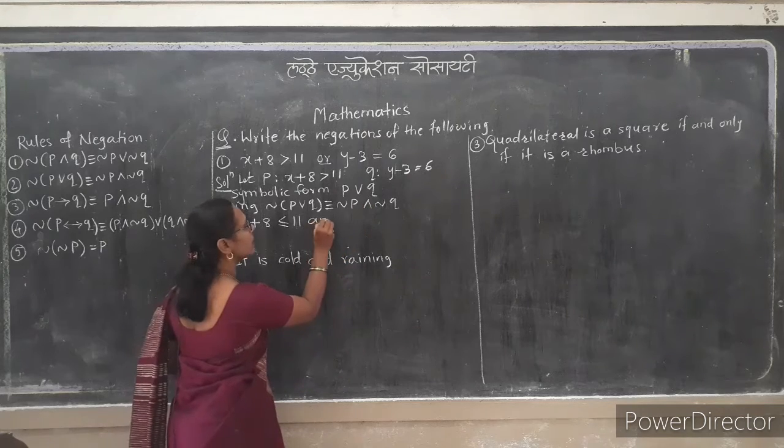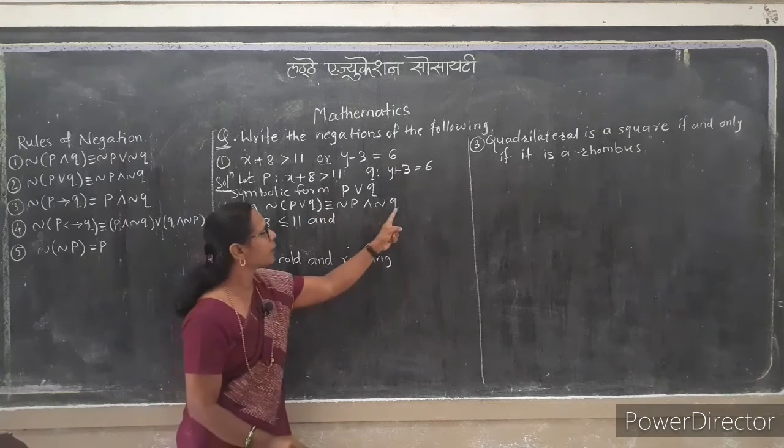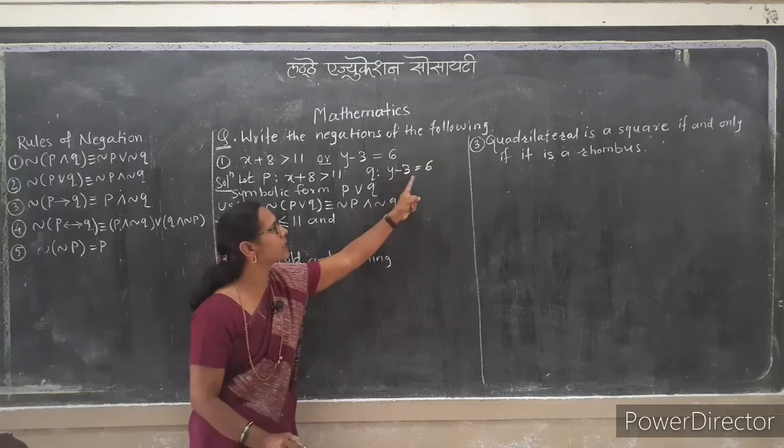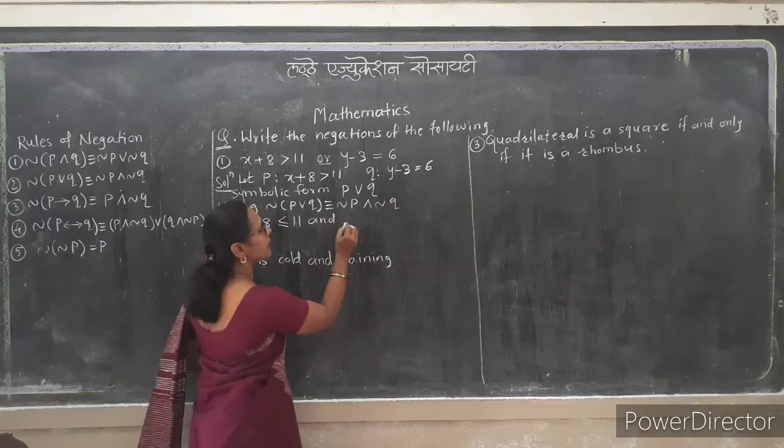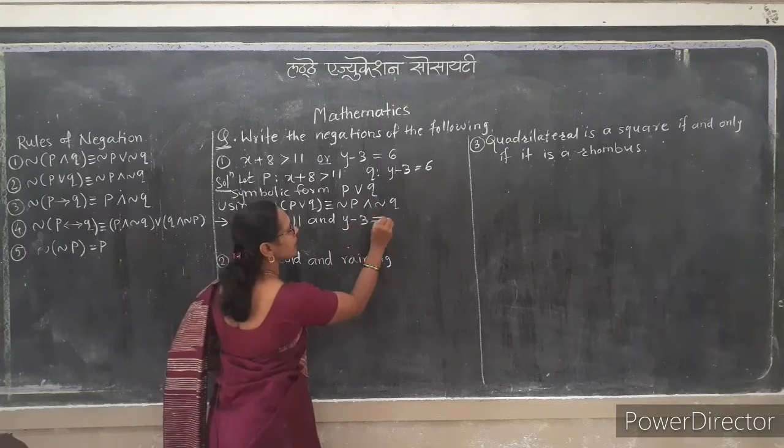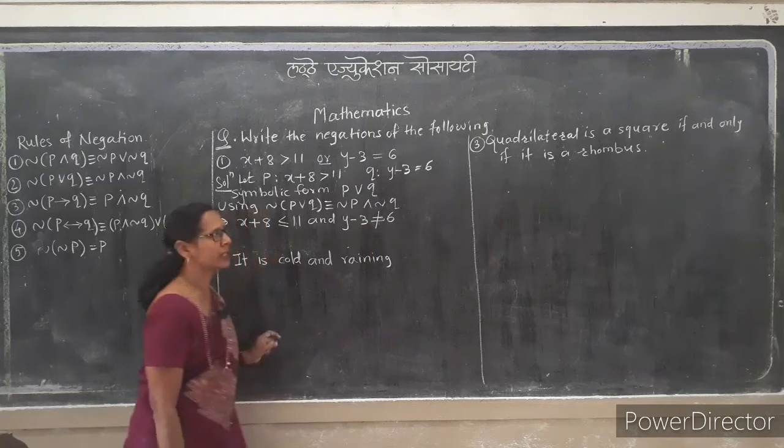Conjunction means and. Negation Q, Q is y minus 3 equal to 6 and its negation is y minus 3 is not equal to 6.